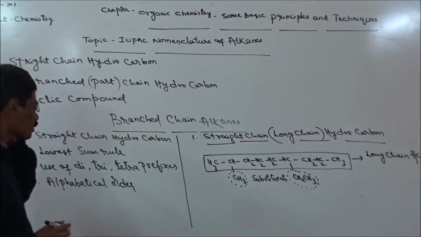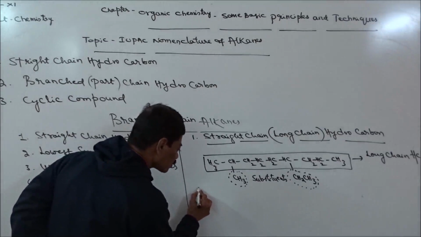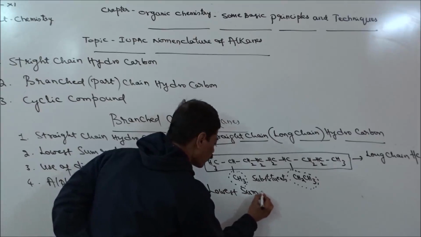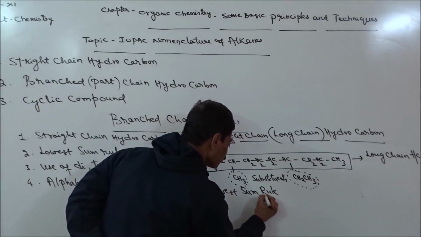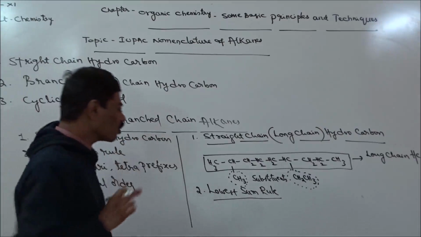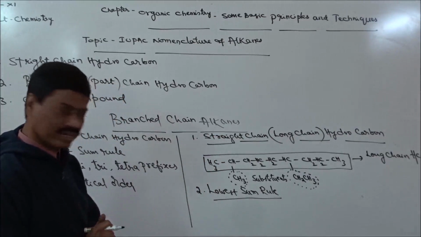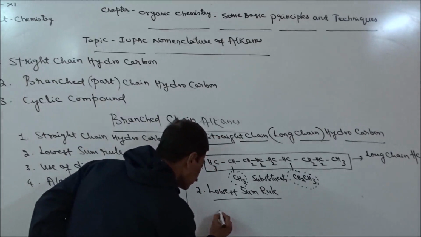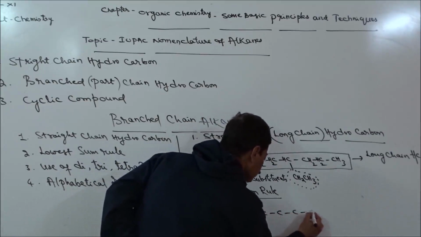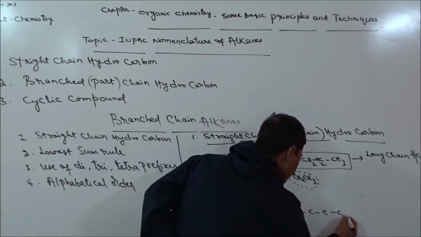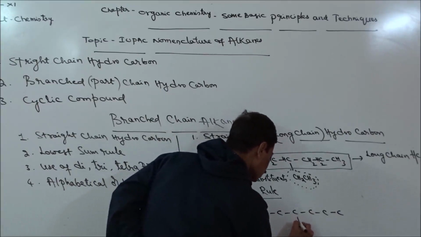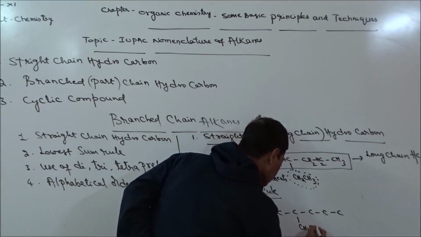And number 2, the second rule, is the lowest sum rule. In this case, I am going to take the same example to make you clear. That is 1, 2, 3, 4, 5, 6, 7, 8, 9 carbon atoms. And here one methyl group, and here one ethyl group.